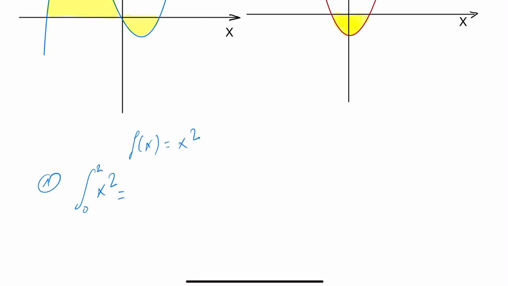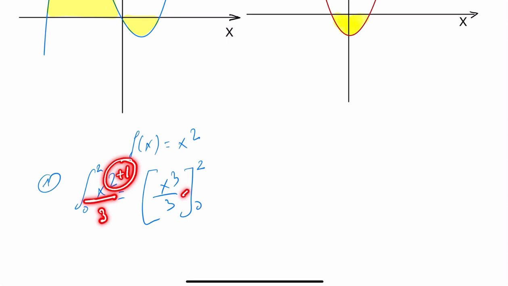And this is x cubed over 3 between 0 and 2. As you remember from last time, for the integral you just add 1 to the power and you divide by whatever is there, and you get the integral.